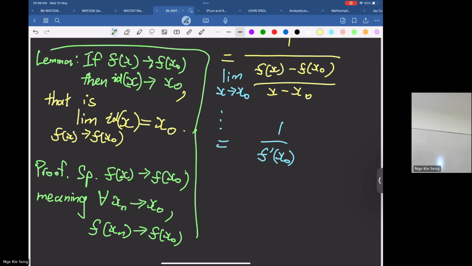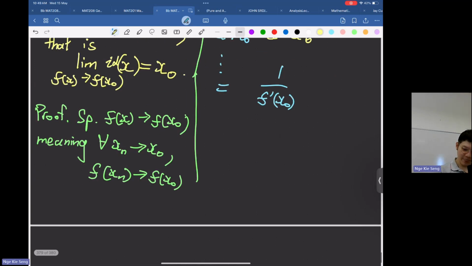Yes, sorry. We want to use f inverse. So how to use it? I have f(x) converging to f(x0), which means: for every sequence xn converging to x0, I have f(xn) converging to f(x0).